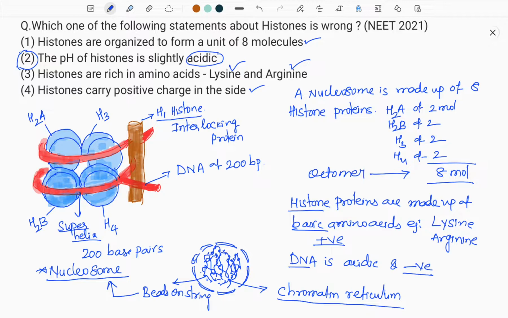How many H3 are present? 2. How many H4 are present? 2. How many H1 are present? Only one. That is outside the nucleosome. It is called an extra nucleosomal protein. H1 is called extra nucleosomal protein. Why is it an extra nucleosomal protein? Because it is present outside the nucleosome.